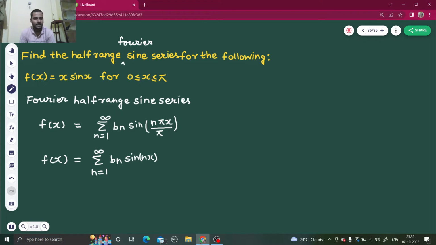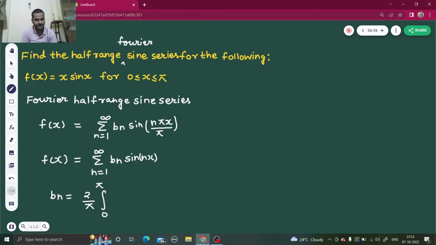Okay, so we need to find b_n in this case, which is 2 by pi integral 0 to pi. What is b_n? f(x) sin nx.